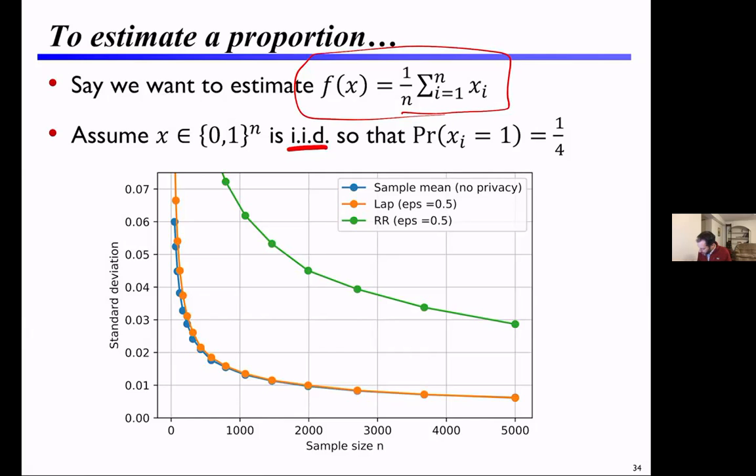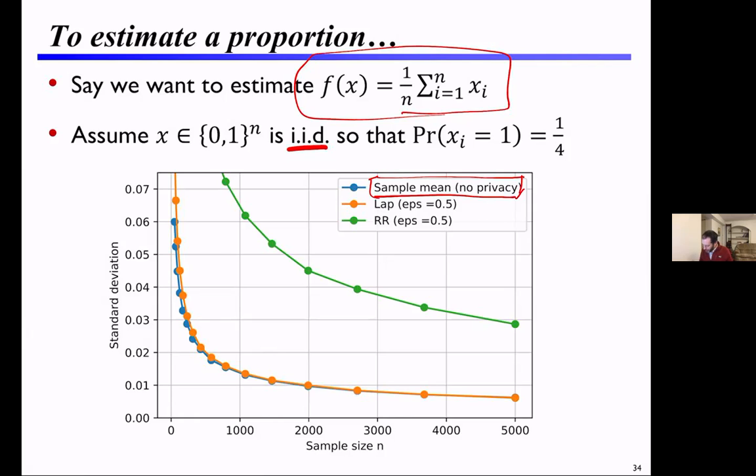One thing I can do, if I don't care about privacy, is take my big data set, look at what fraction of people have a 1 or a 0, and ask whether that is close to a quarter. As n increases, the standard deviation of the sample mean gets smaller and smaller, and that's the blue curve on this plot. It's partly obscured by the orange one, but it's there.